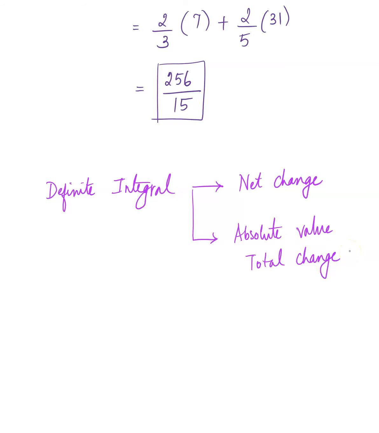When I say change, I mean the total area or net distance, total distance. So whatever be the context, we can do all that here using the definite integral. The only difference is that you'll throw in absolute value if you wanted the total, and you will keep it as it is if you wanted the net. Okay.